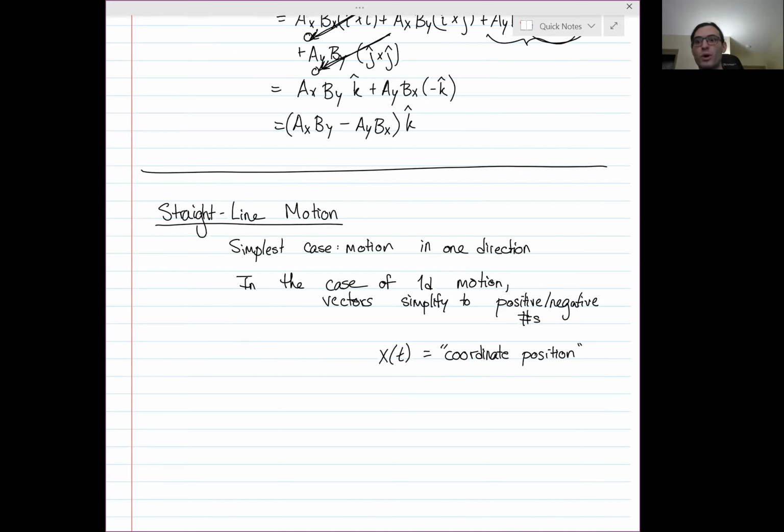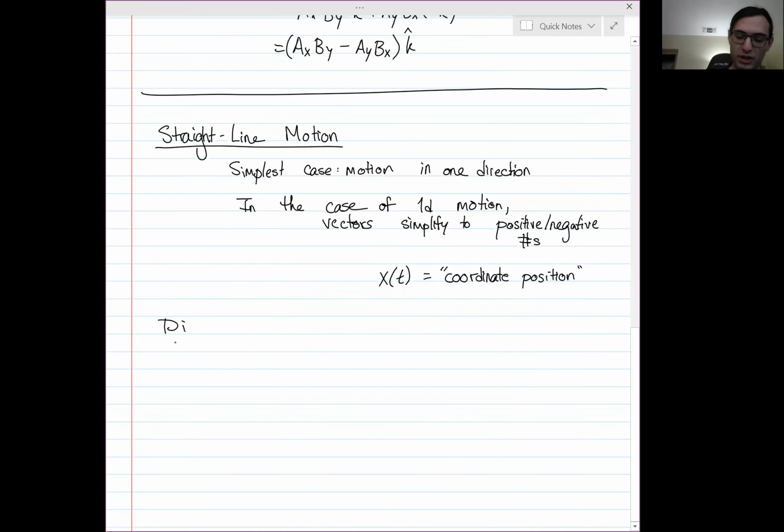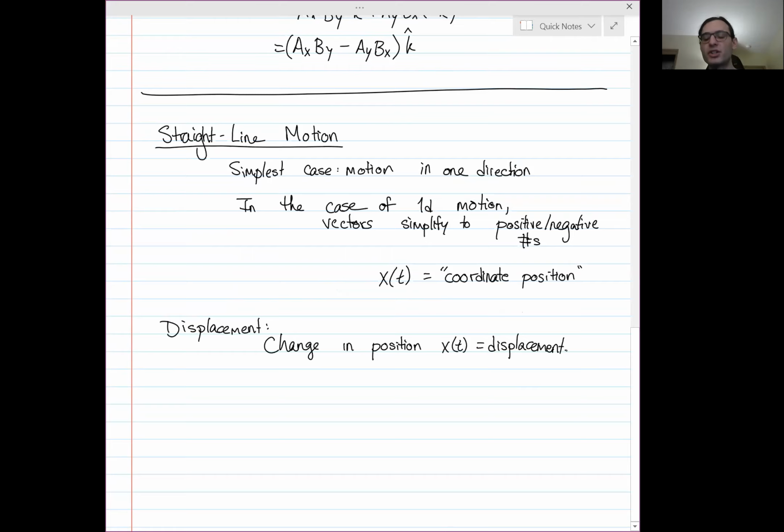Now we're actually going to get into what motion is, how we characterize it. So let's first talk about displacement. Displacement is just a change in position, x of t. It tells us how much you've moved in one direction.